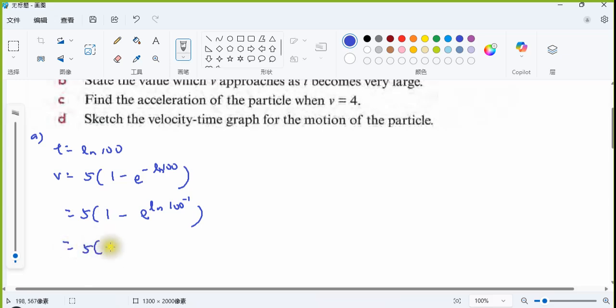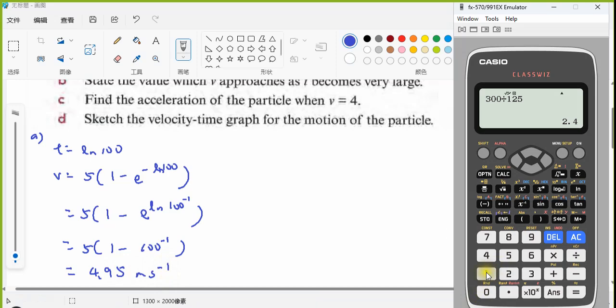Then it will be 1 minus 100 to the power negative 1, which is 1 minus 0.01, then 0.99. 5 times 0.99 is 4.95 meters per second.